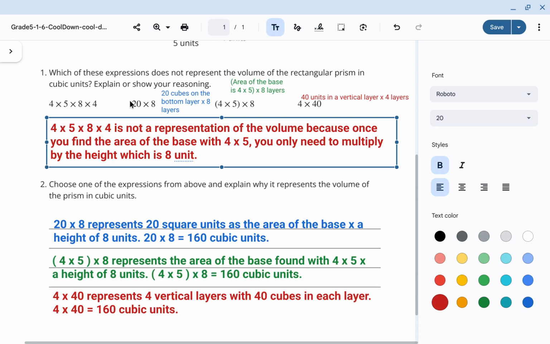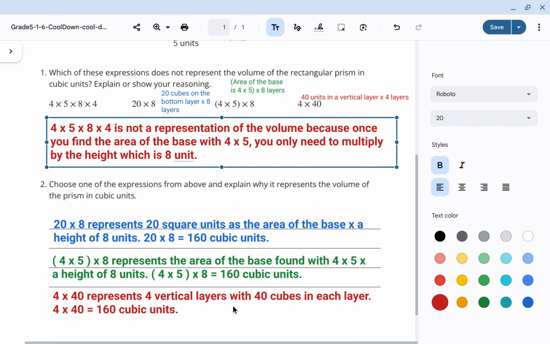Now, in this second expression, 20 times 8, we have explained in red. This third expression we have explained in green, and the very final expression here we have explained in red, except it's the very bottom red down below.